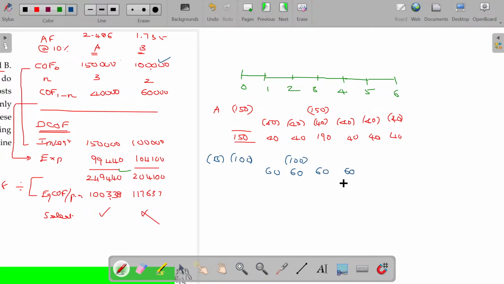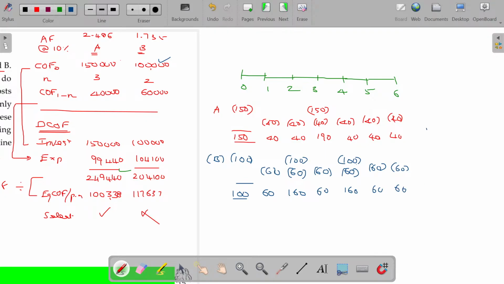By the end of the 4th year, again it is wasted. Then we need to purchase one more new one for 100 rupees. For the third machine, again I spend another 60, another 60. Now, what about the cash outflow for machine B? Very first year 100, second year 60, third year 160, again 60, again 160, again 60, again 60.